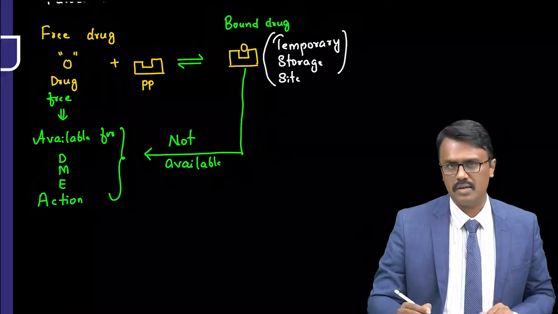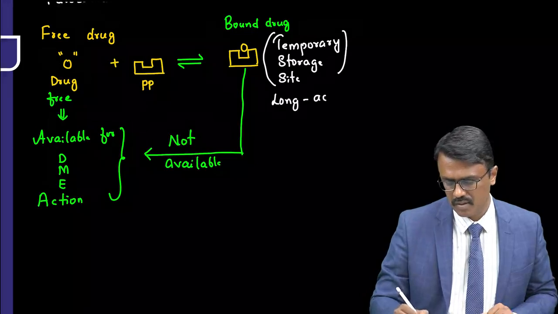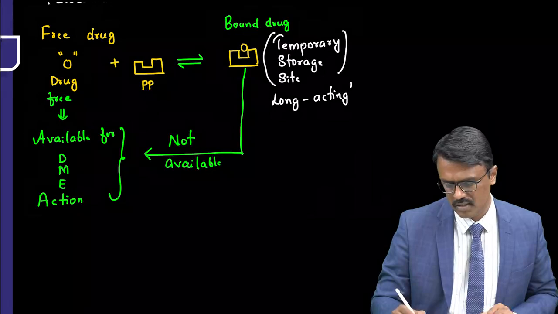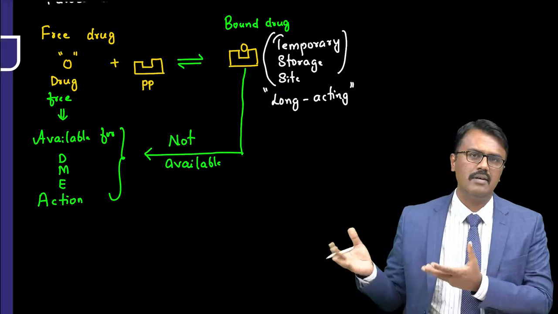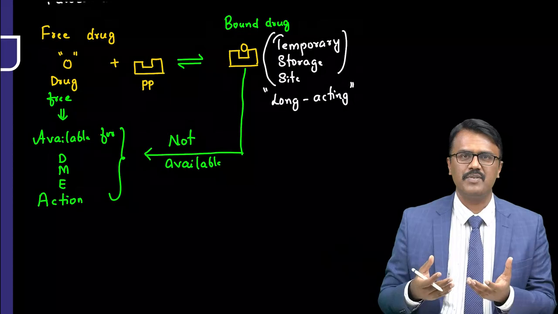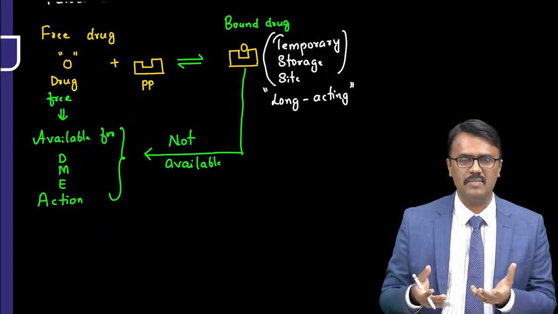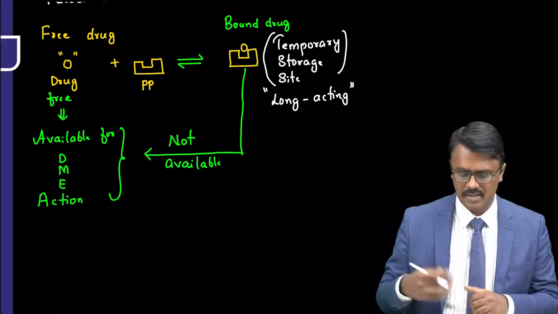Usually the bound drug will be longer acting. It's not a general rule, but usually longer acting, because if you keep your money in the bank, it is not used every day. Nowadays you have Phone Pay, Google Pay, you will use it faster. But earlier days when you keep it in the bank, you have to go to the bank, draw the money, then use it.